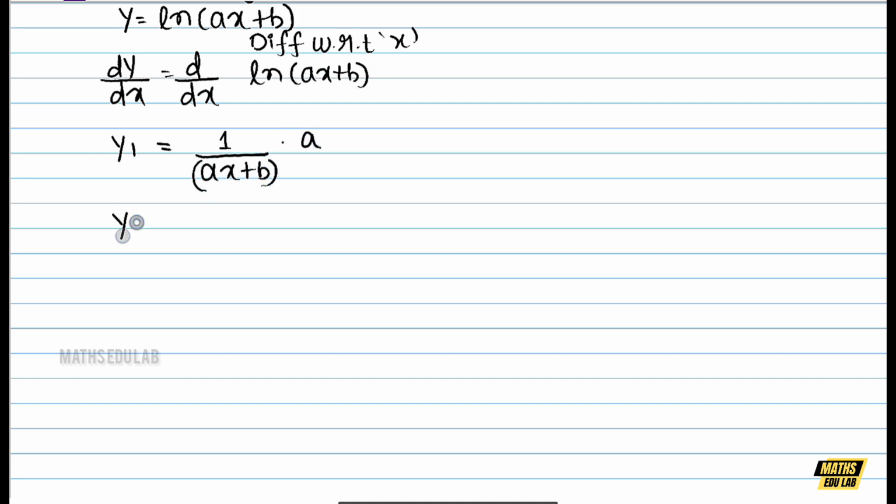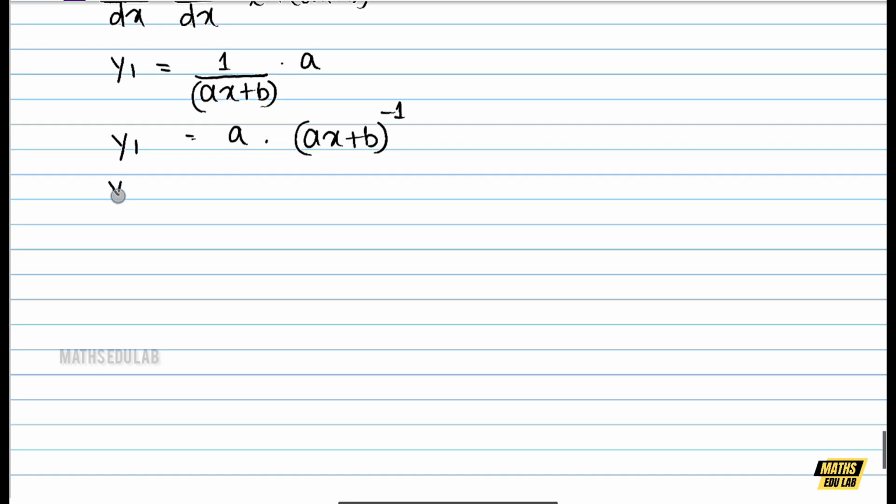So easily I can write y1 is equals to a into (ax + b) to the power minus 1, which is the inverse of this part. Similarly for y2, if you see the derivative of y1, a is a constant value, and if I do the derivative of this, minus 1 times (ax + b) to the power minus 2. So minus 1 will change to 2, and the derivative of the inner part will be a.